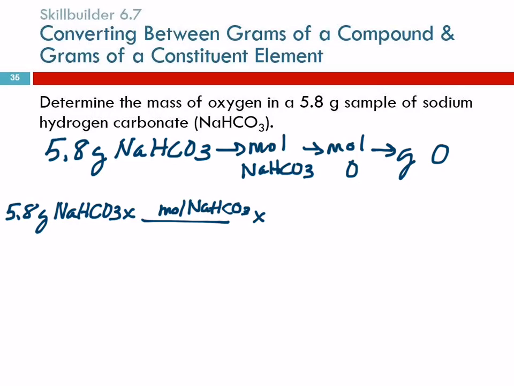And then next is moles of oxygen. And next will be grams of oxygen. We take this first unit and it becomes the denominator in the second fraction, because I want those units to cancel out. Moles of sodium hydrogen carbonate.